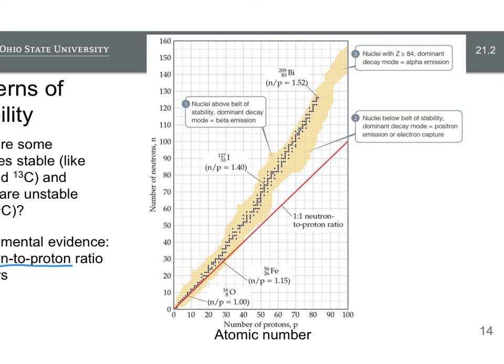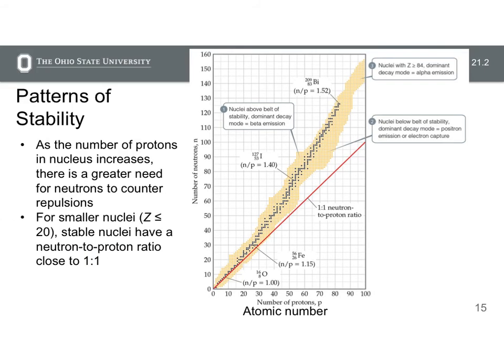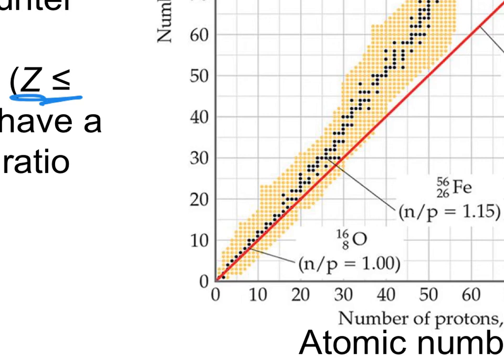The blue dots show the stable nuclides, and the yellow dots represent unstable nuclides. What we see is that for smaller nuclei, up to an atomic number of 20, the stable nuclei have a neutron to proton ratio of 1-to-1.